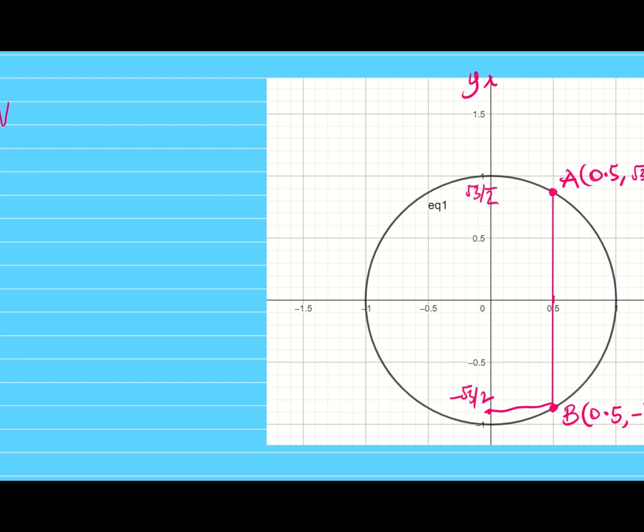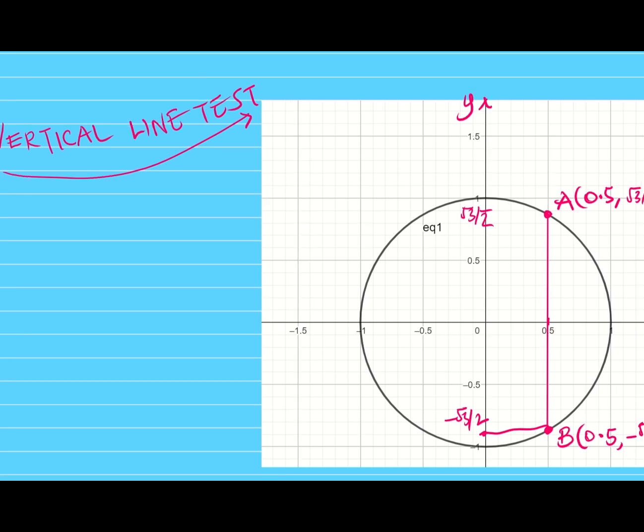So remember that when you have the graph of a function and you use the vertical line test, if your vertical line crosses your curve at 2 or more points, you know that that is not a function. I mean, that's how easy and how cool is that? Really, really easy and really cool.